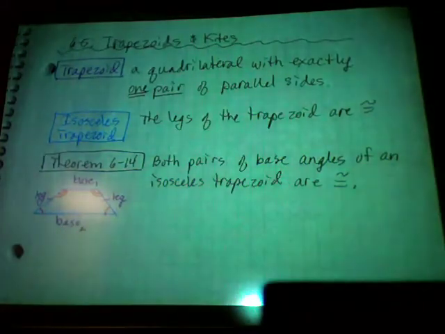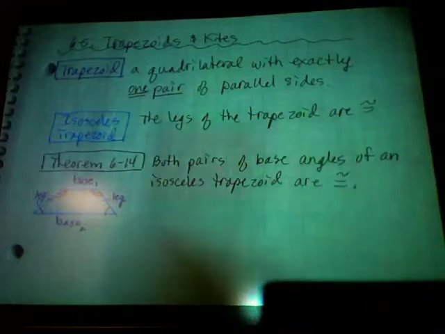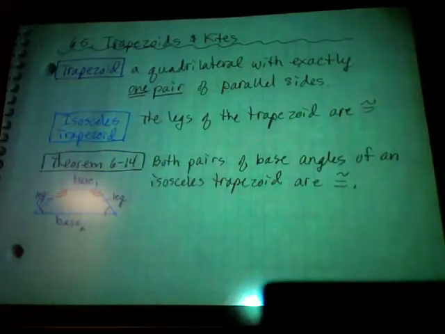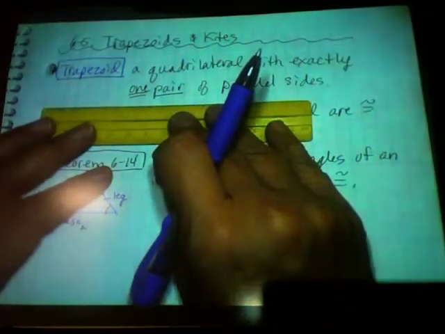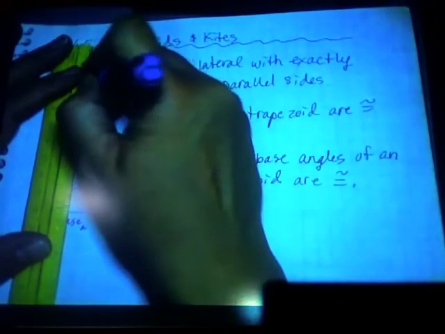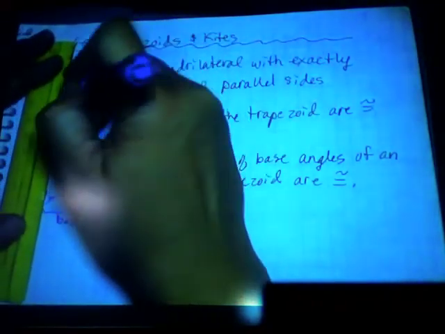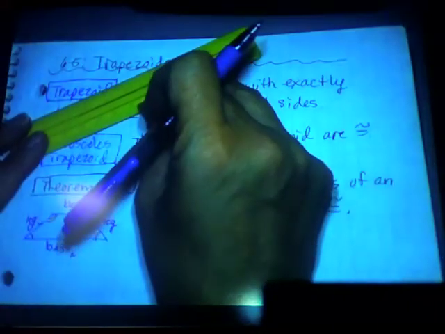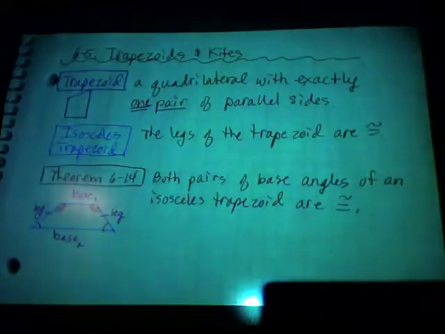Now, they don't always have the trapezoid sitting on its bases, by the way, so I'm going to put up here another picture of what a trapezoid could look like. They like to sometimes sit a trapezoid on one of its non-parallel sides. So this could be a trapezoid right there.